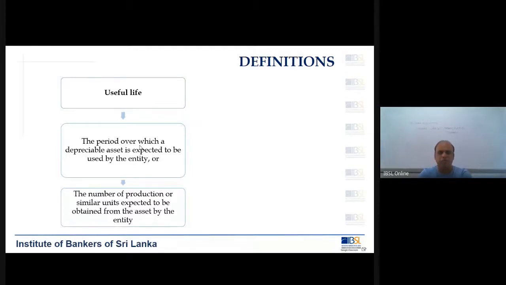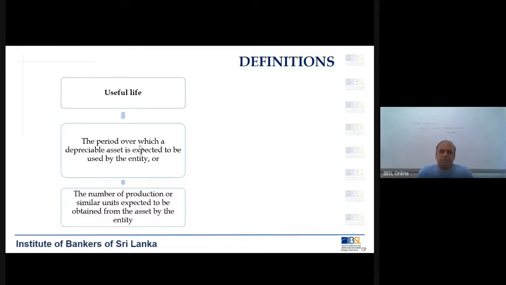Another way of looking at the useful life is the number of production or similar units expected to be obtained from the asset. Now, this is very much relevant for manufacturing companies. Manufacturing companies involve large machineries, where they have to spend millions and millions to buy those machines for their production. How do they determine the useful life of these machines? It is not based on how long they can use it, because it cannot be estimated.